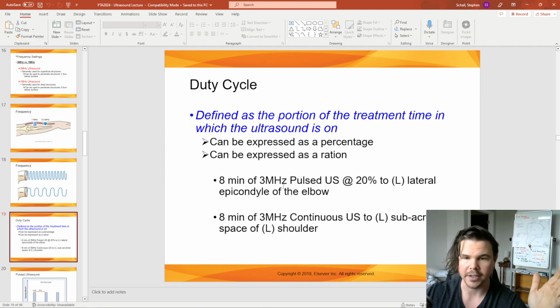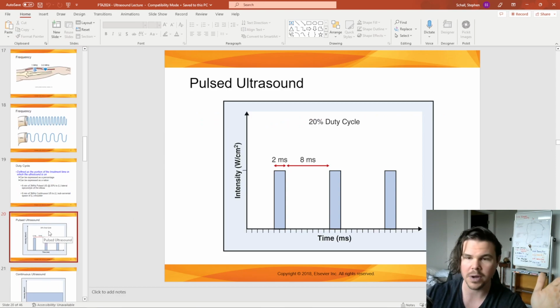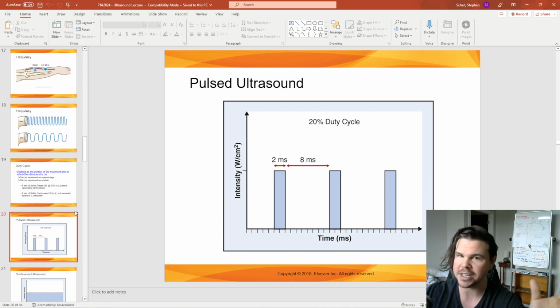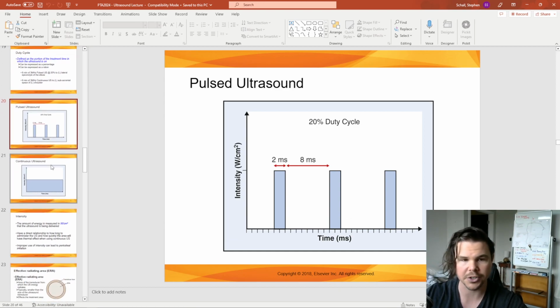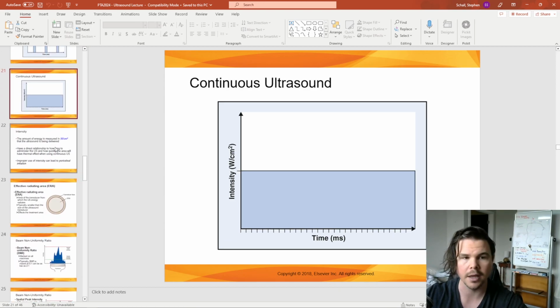So at a duty cycle of 100%, what you should be thinking of is continuous and thermal effects. At a duty cycle of 50% or 20%, which is going to be your pulsed duty cycle or pulsed ultrasound, you're thinking tissue healing, maybe disruption of stagnant blood for like a contusion, but things like this. So understanding when you're going to use each one of those and how you manipulate those is going to be huge. There's just a picture of that, 20%. Just come back to your PowerPoint for that.